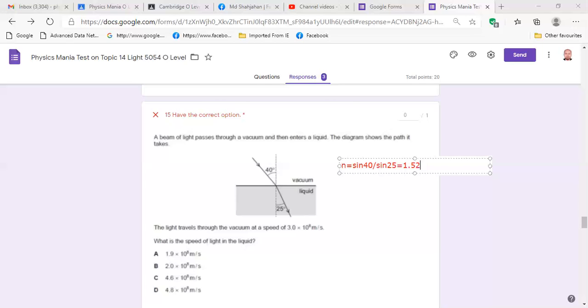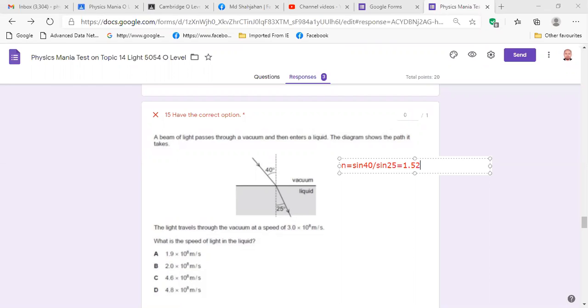So that is the formula. Now we have the speed of light 3, but C and D are giving 4.6, 4.8, so we cannot take them because the ratio is not even coming more than 1. Less than 1 is coming, so we will skip them. And now we'll concentrate on A and B.